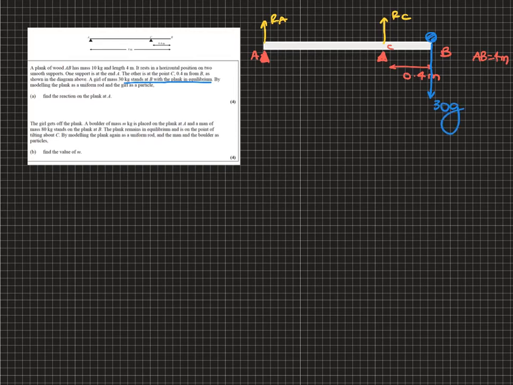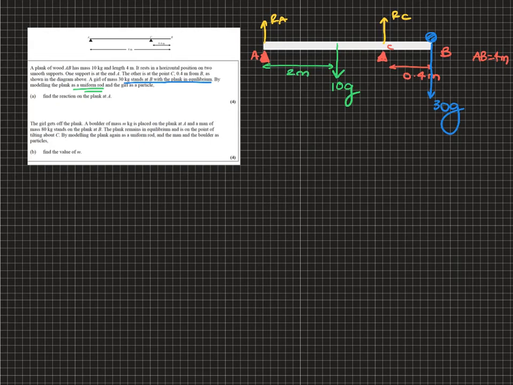Now we're modelling the plank as a uniform rod, which means that halfway along the rod is the centre of gravity or the centre of mass, and its mass is 10 kilograms, so that is a weight of 10g, and we know that's halfway along, so that's a distance of 2 meters.